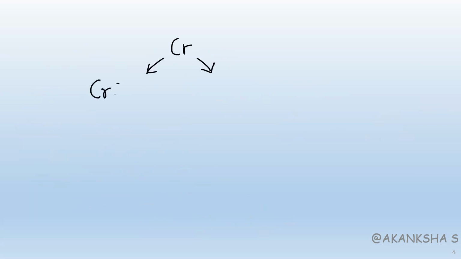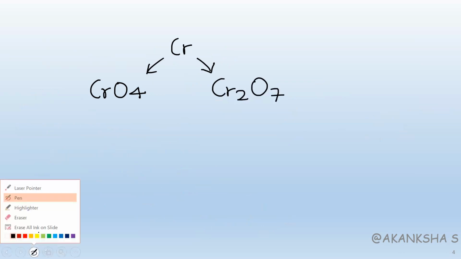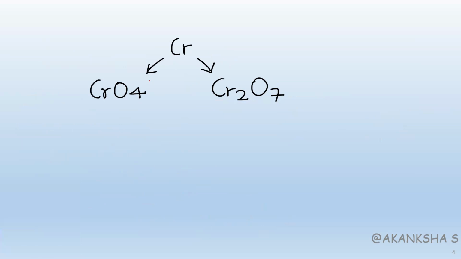One ionic form is CrO4 and the other ionic form is Cr2O7. Both these forms carry a -2 charge, meaning both these ions are anionic in nature.